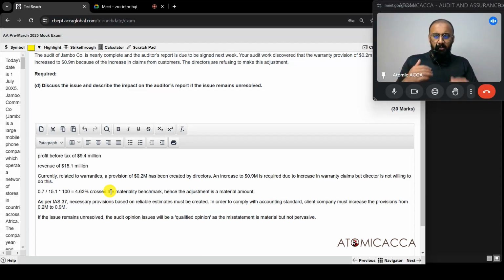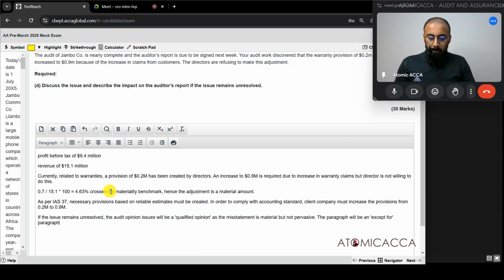Why not pervasive? Because it's not way beyond the limit of that 0.5 percentage. It's a judgmental thing, but at least mostly in the audit and assurance paper, we don't generally see a pervasive issue. It's not that it will never come, but generally it leads to a qualified situation itself. So the misstatement is material but not pervasive. The paragraph will be an except for paragraph.